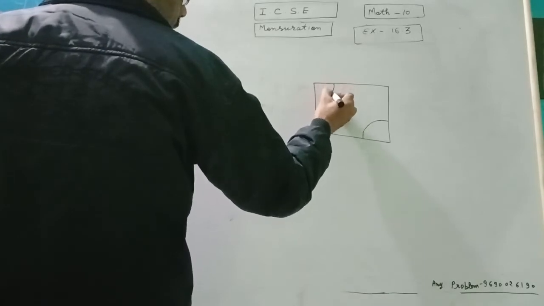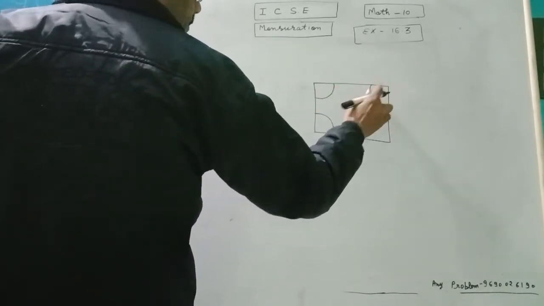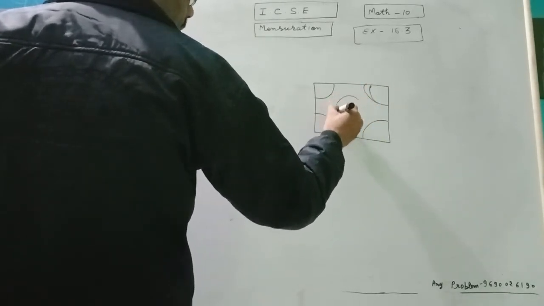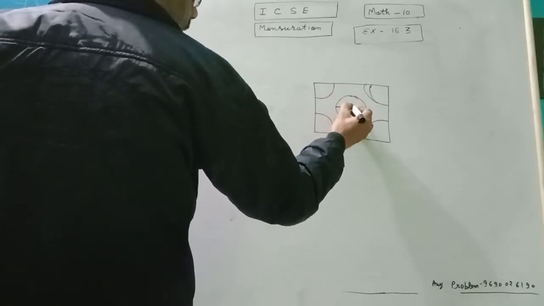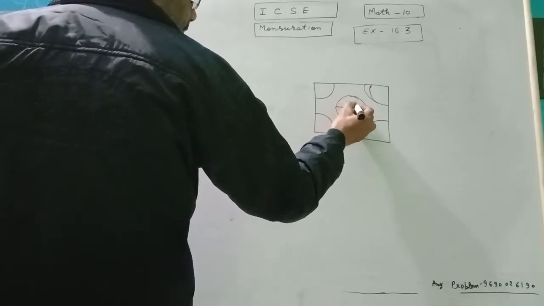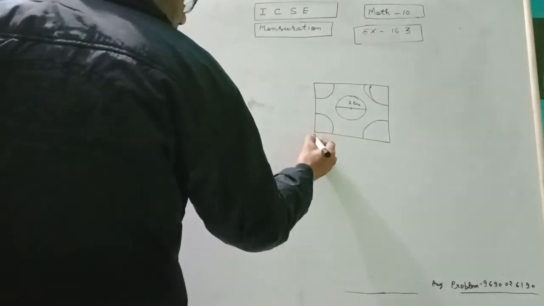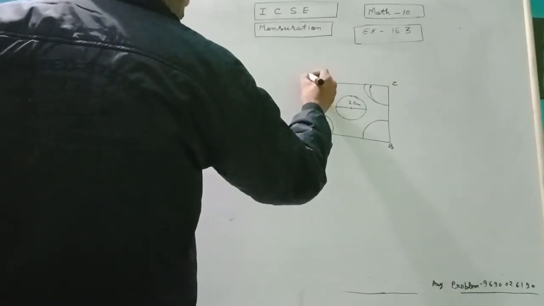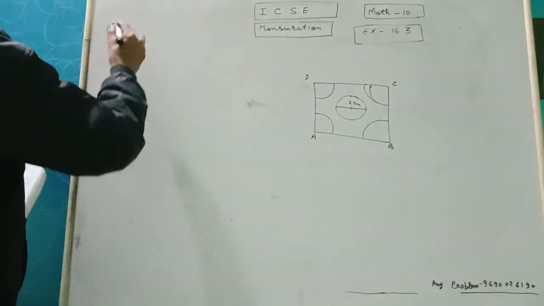All quadrants are equal, with diameter 2 at center. ABCD is a square, which side is 4 cm.